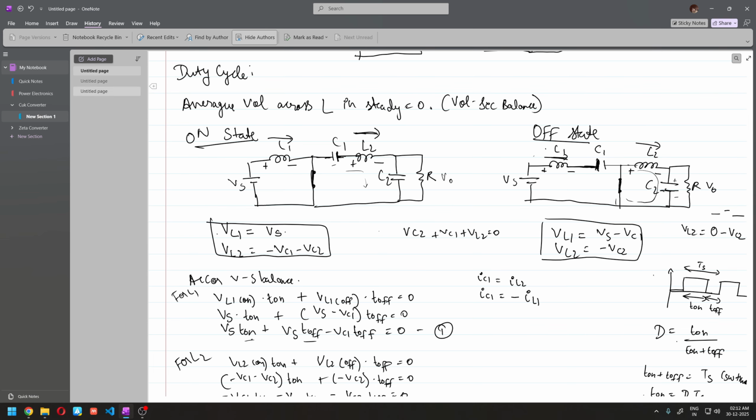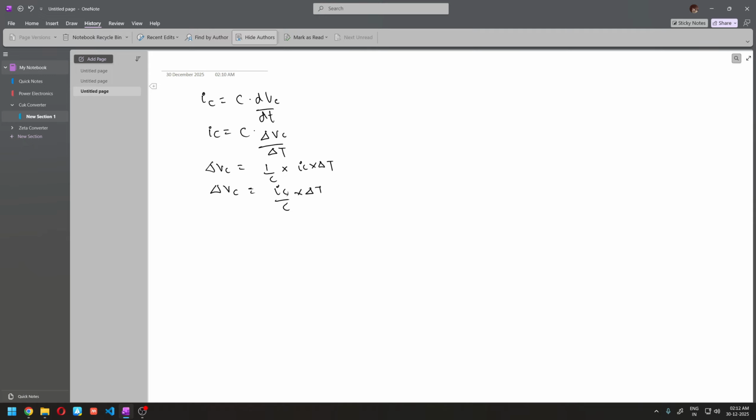So let's go back here. If you just look at the waveform, then it's going to be a square wave, which is going to go between the on and off state. So let's say this is the waveform. So this is your on time, T on, and this is your off time, T off, or you can write it as DTs as before, and (1 minus D)Ts.